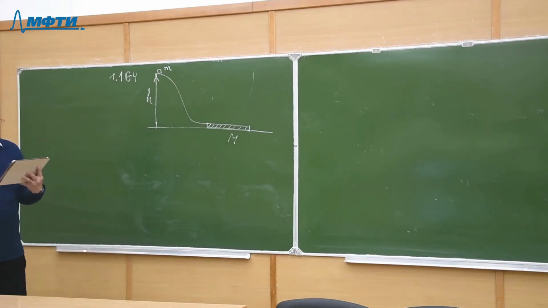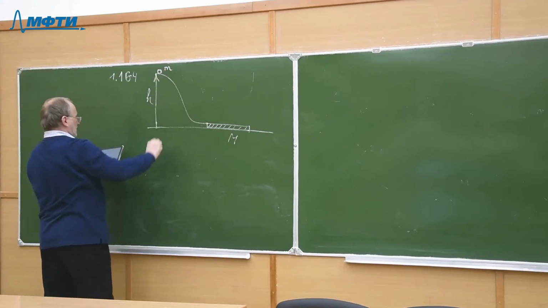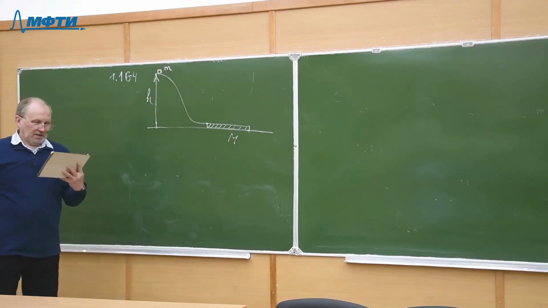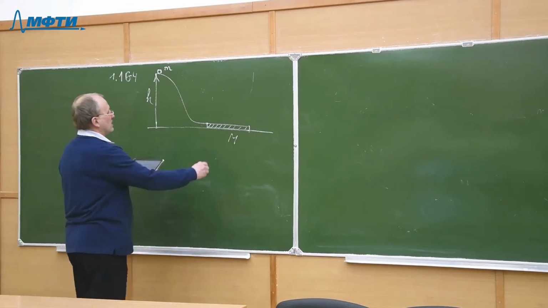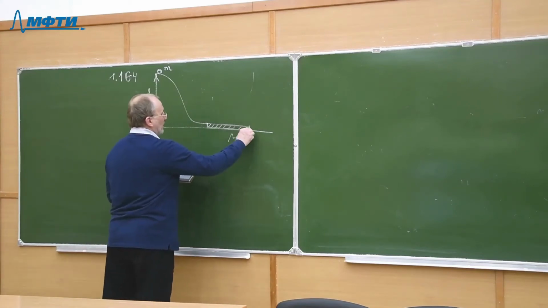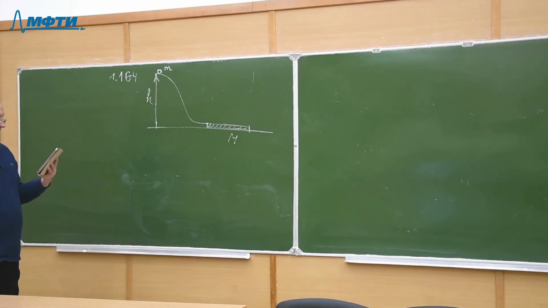So a small disk of mass m, this small body, slides down a smooth hill of height h without initial velocity and gets onto a plank of mass capital M. This is the plank of mass M. And the plank lies on the horizontal plane at the base of the hill.